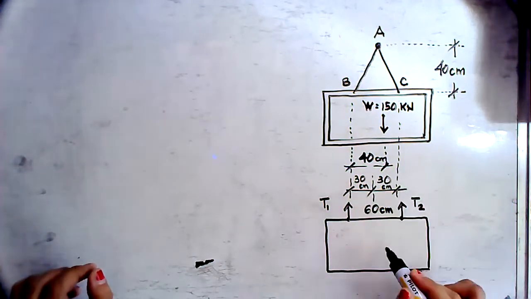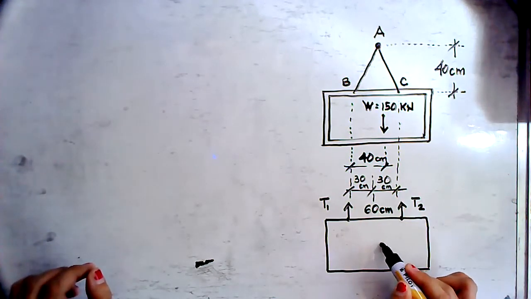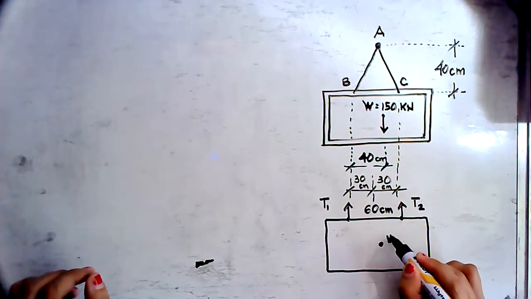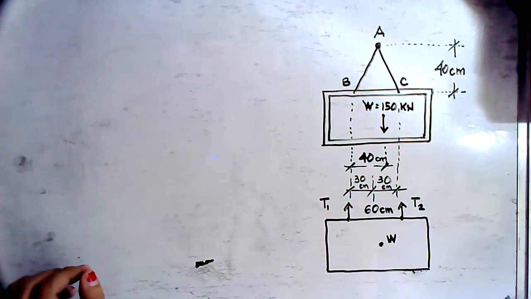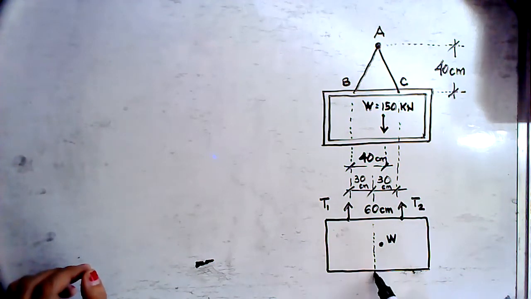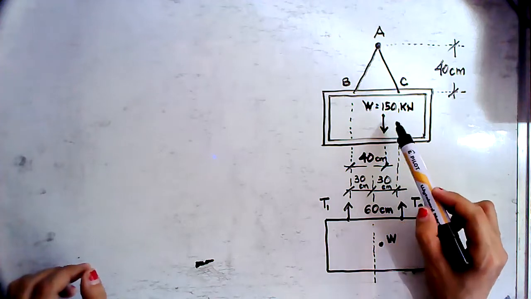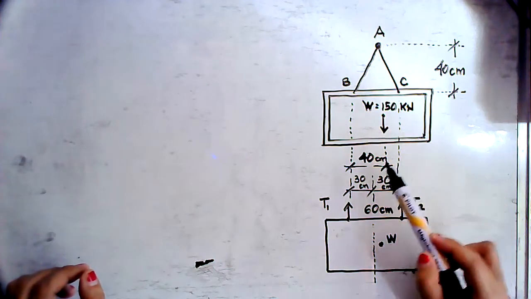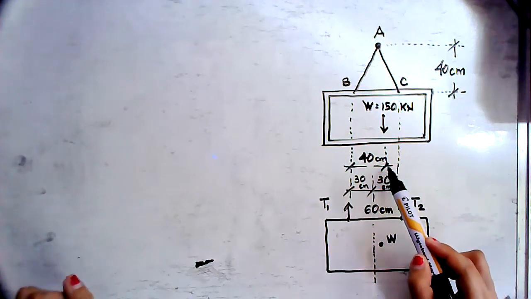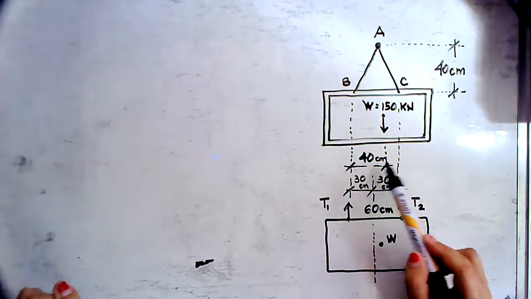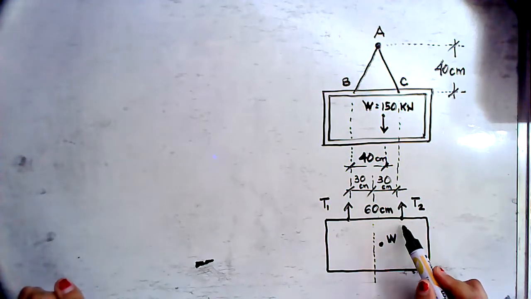And then of course you have the weight, which is applied here. Let's say that is W. And we have the distances. Take note that the distance from the W to point C is about 20 centimeter because you have 40 centimeter here. So 60 minus 40, that is 20 centimeter.